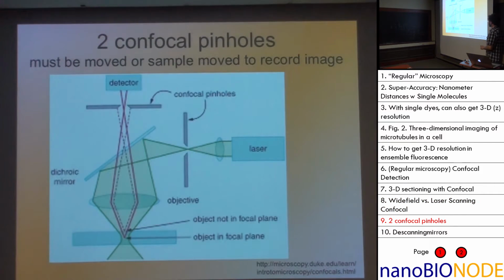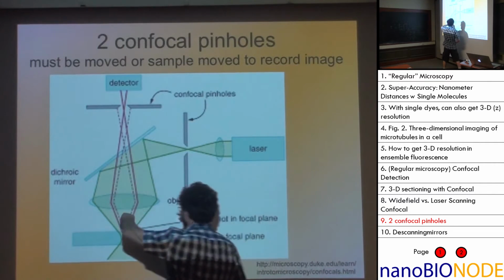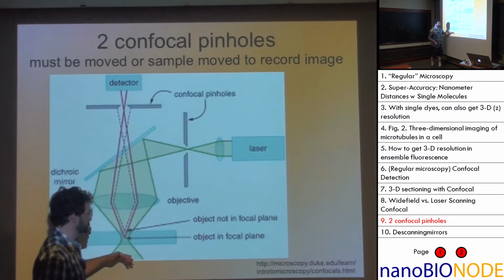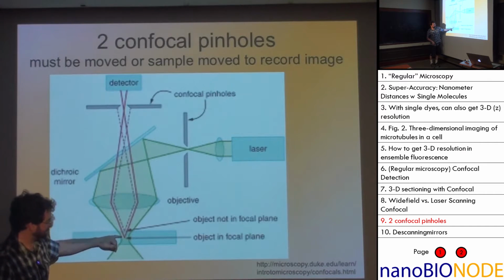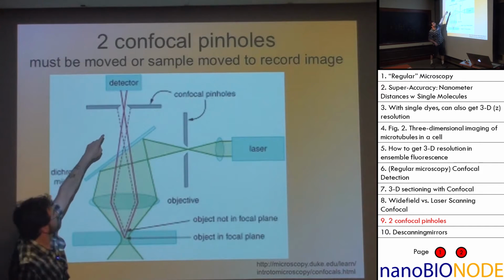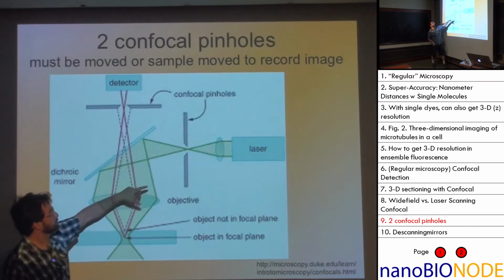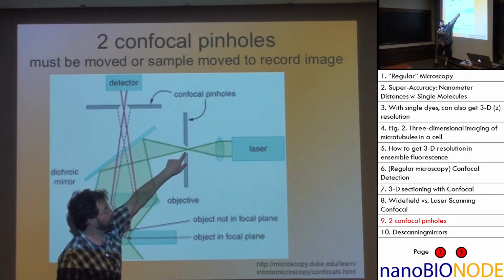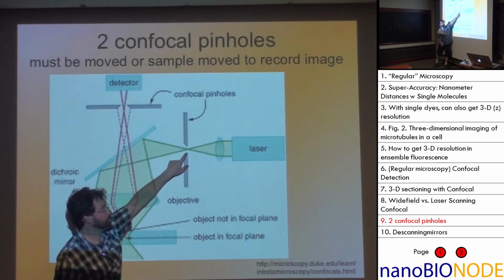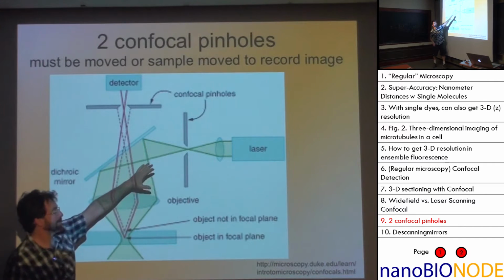So I mentioned that you typically have to have two pinholes. There's a pinhole in front of your detector, and then there's another pinhole which is in front of your laser.